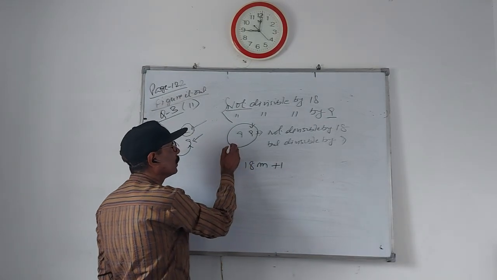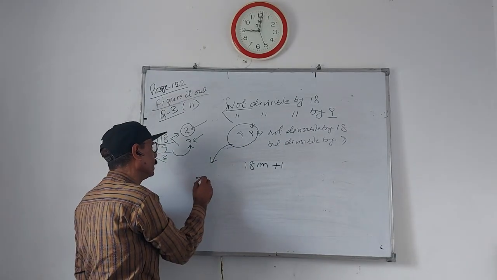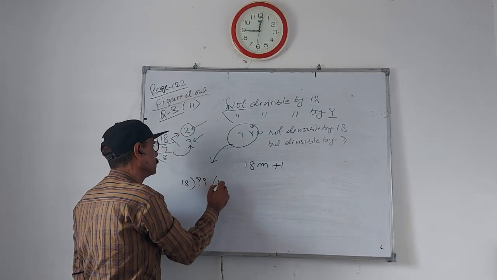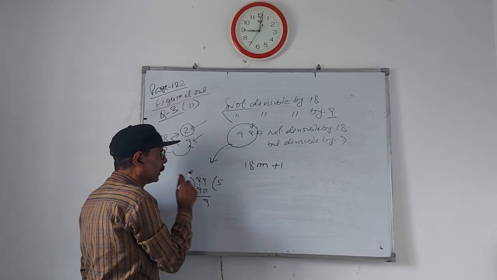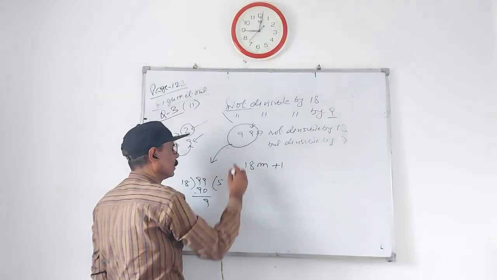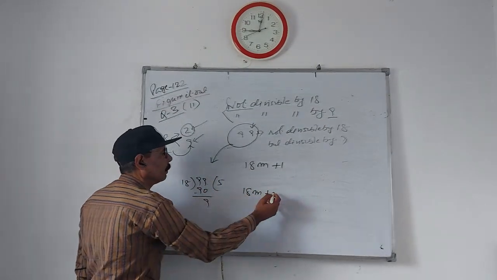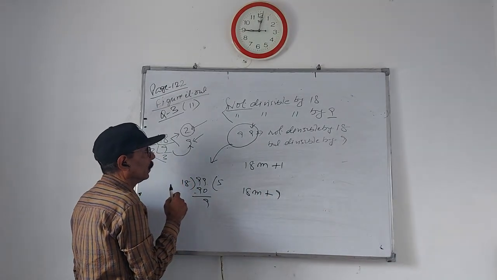See, check this number. If we divide 99 by 18, 18 times 5 is 90. Here this number is what? 18m plus 18 times 5 is 90, plus 9. 18 times 5 is 90.